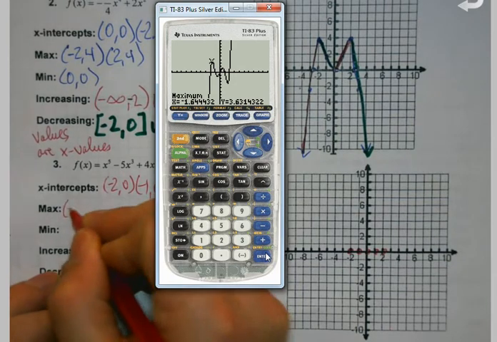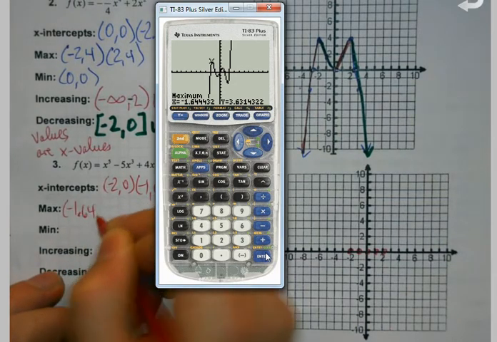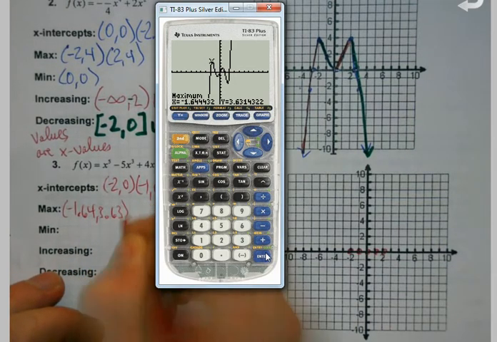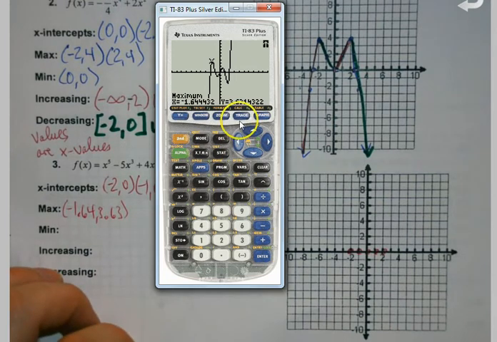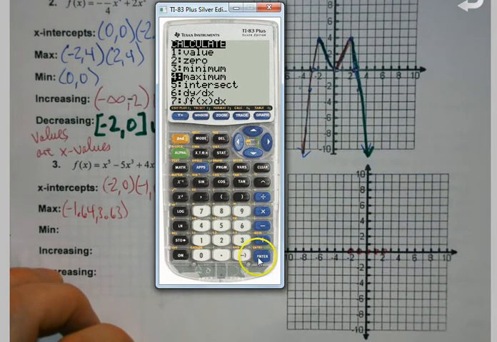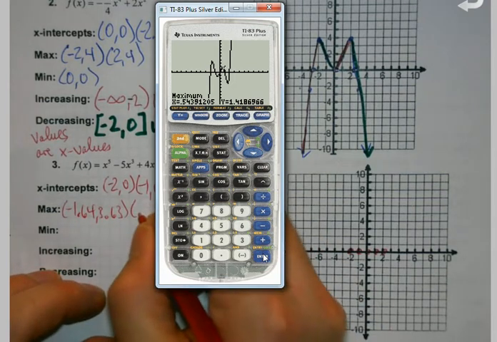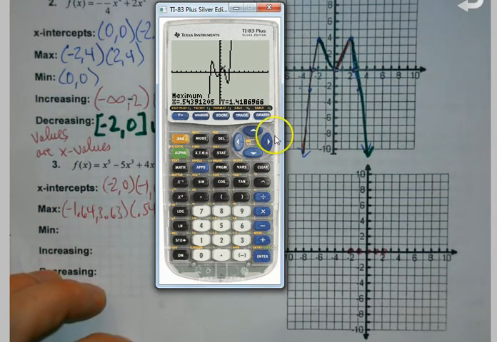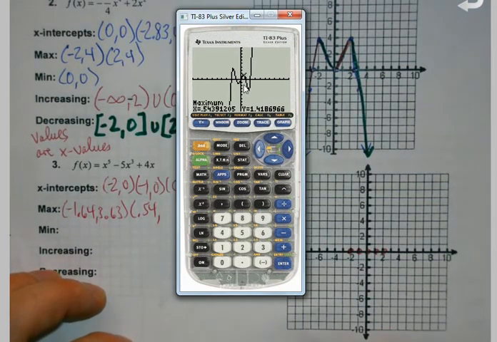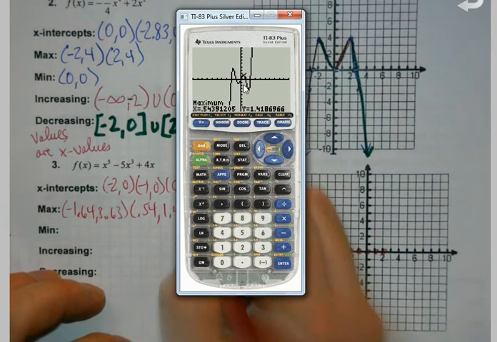I've got one at negative 1.64, 3.63. And I got another one at 0.54, 1.42.